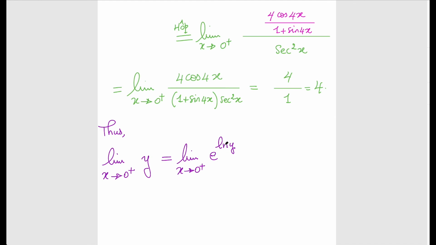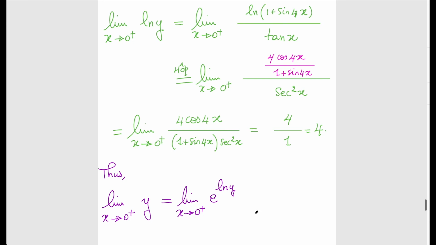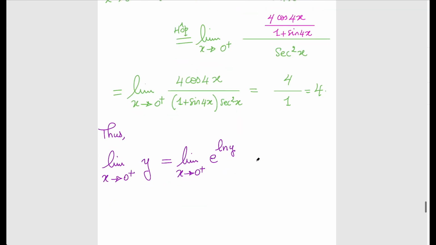So that's the same as y. But I introduced this ln of y, and from there on we're going to be able to evaluate the limit. So the exponential function is continuous at 0, so that's going to be e to the limit.